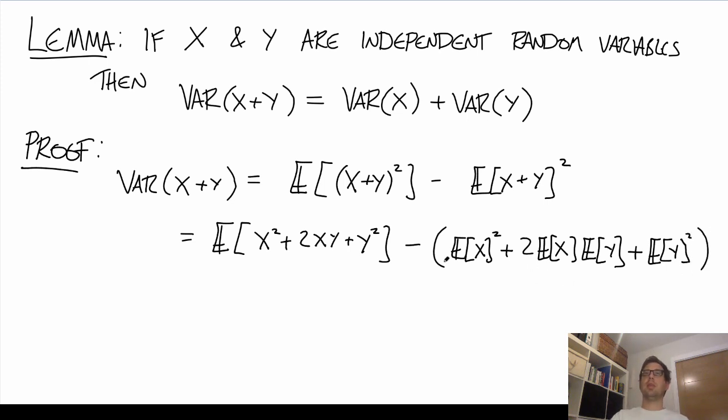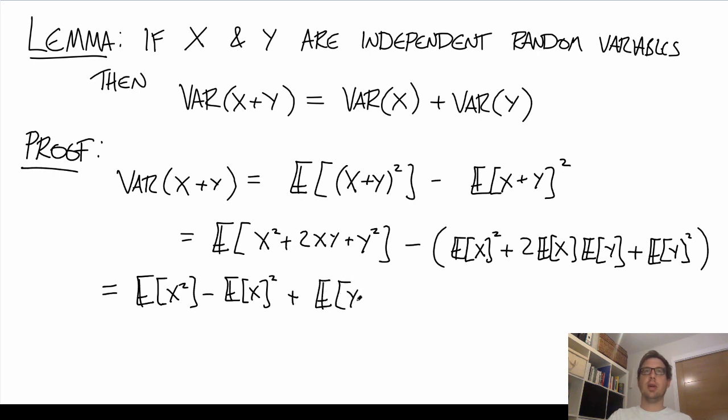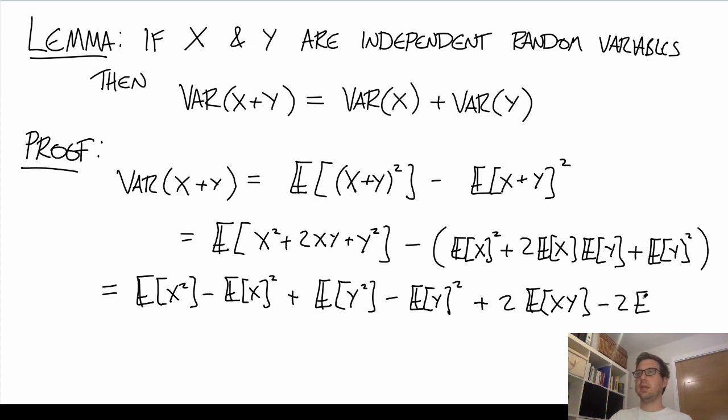Now I can put these together, and I get the expected value of x squared minus the expected value of x all squared, plus the y terms, the expected value of y squared minus the expected value of y all squared. Now let's look at the x times y terms: plus 2 lots of the expected value of x times y, then minus 2 lots of the expected value of x times the expected value of y.